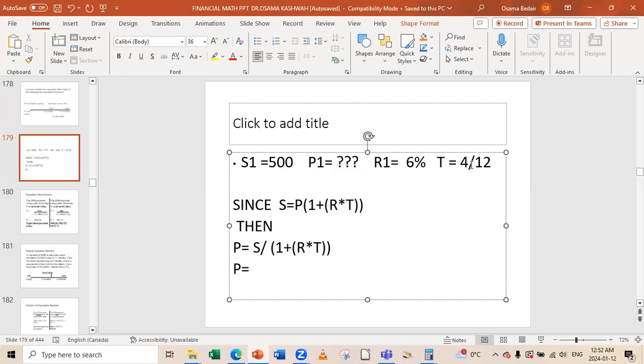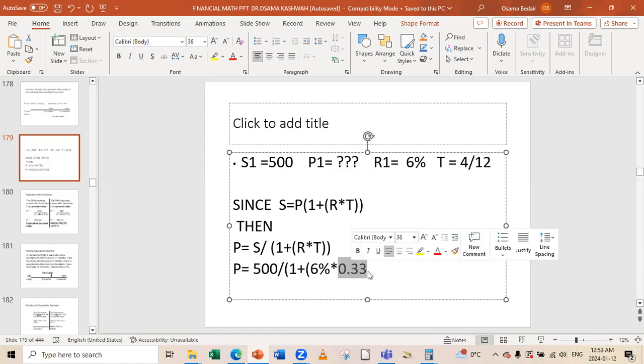the S, or the future value, which is $500, divided by 1 plus the R times the T. So here the rate R is 6%, times the T. The T is what? 0.33, because when you divide 4 by 12, that gives you 0.33.